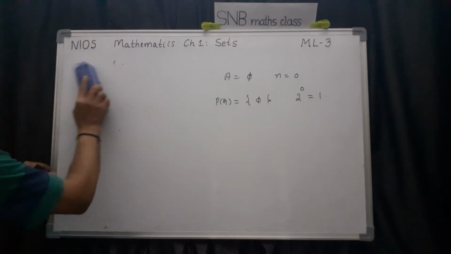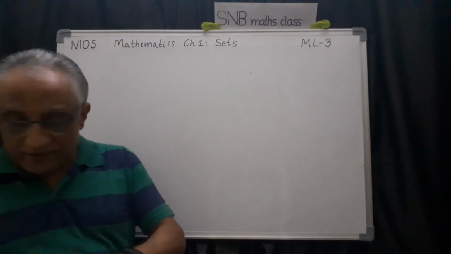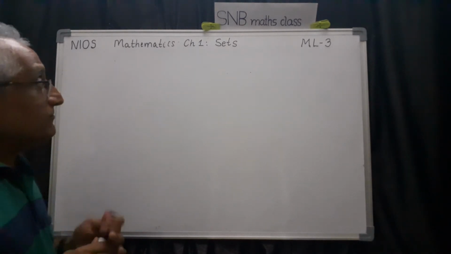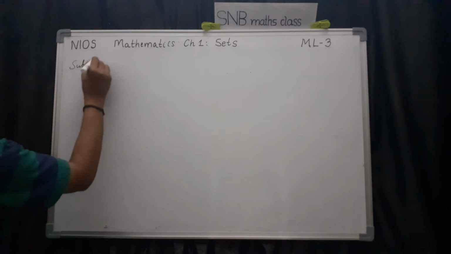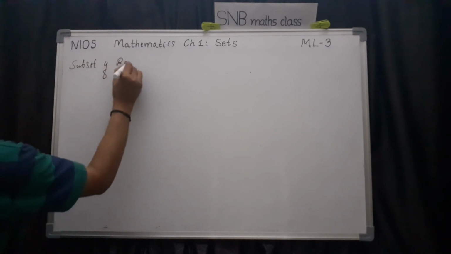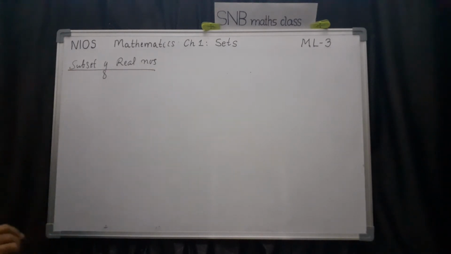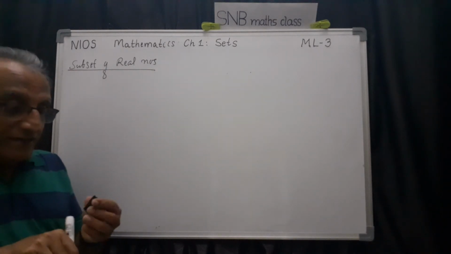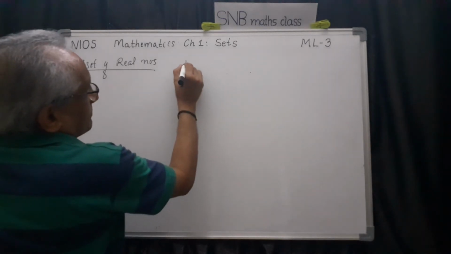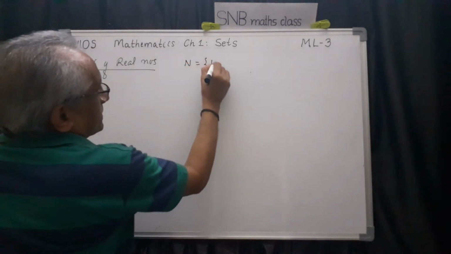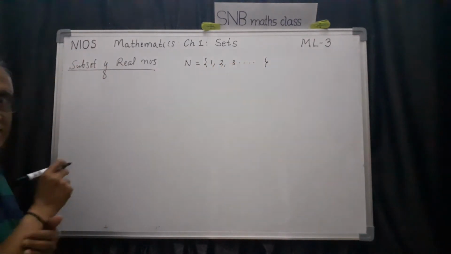So, now let us take the next concept. That is subsets of real numbers. Now, the first set, right from the elementary school you have been studying, the first set of numbers is natural numbers, N. So, this is 1, 2, 3, etc. It is an infinite set.